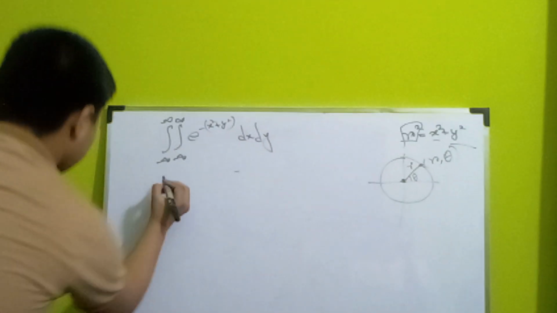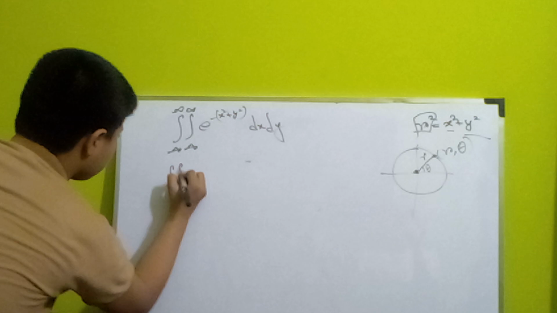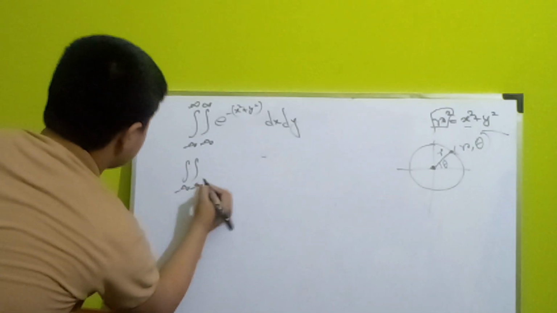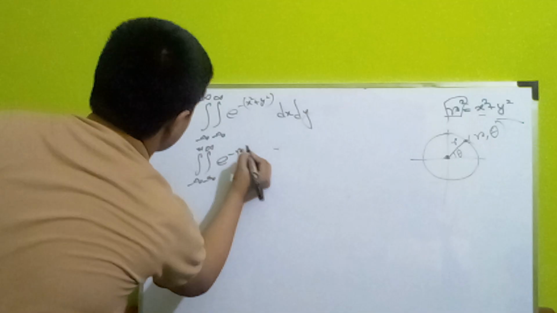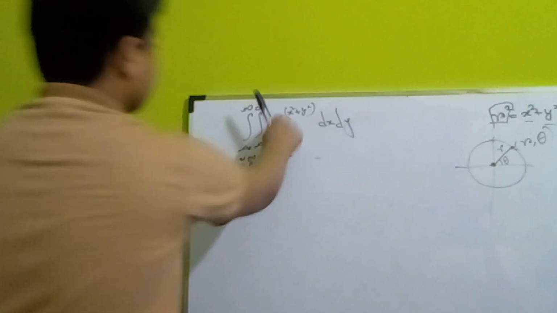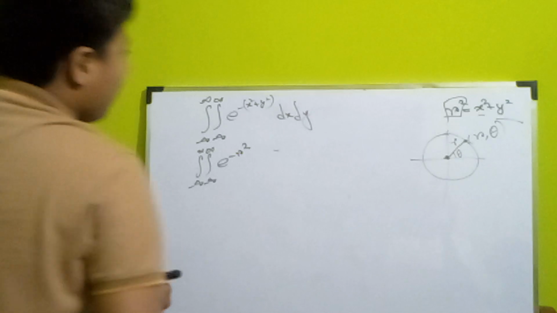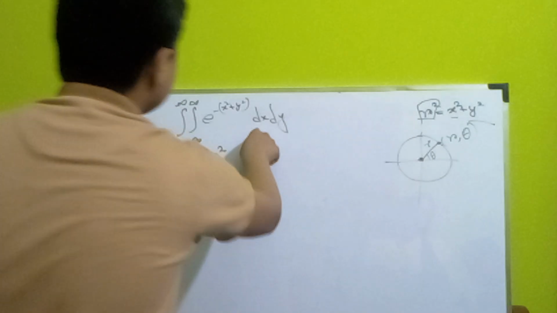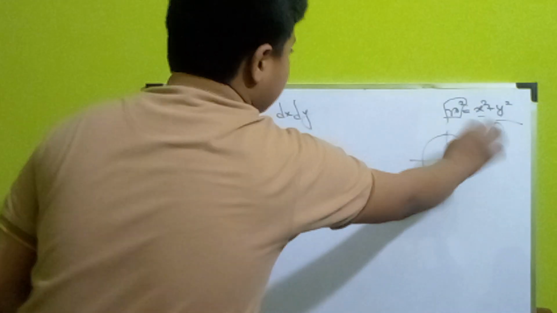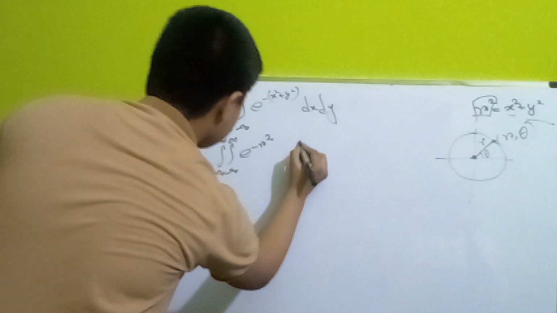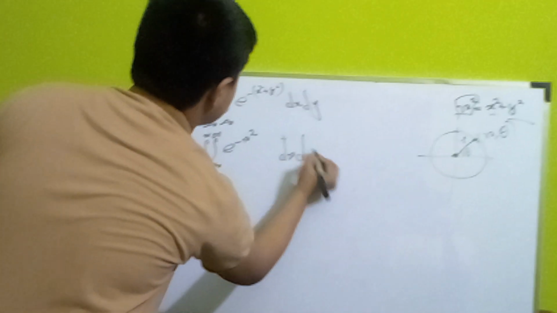So we're gonna write it as the integral from negative infinity to infinity, e to the negative r squared. This negative remains here. And see, we cannot deal with dx and dy anymore. We have to deal with dr and d theta in order to integrate this in polar.